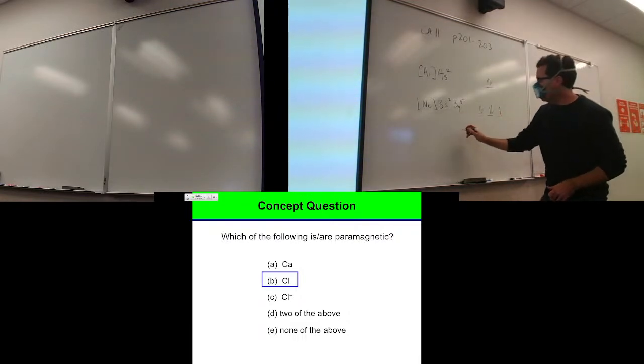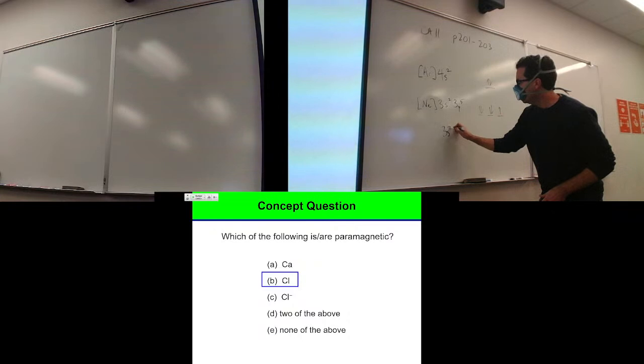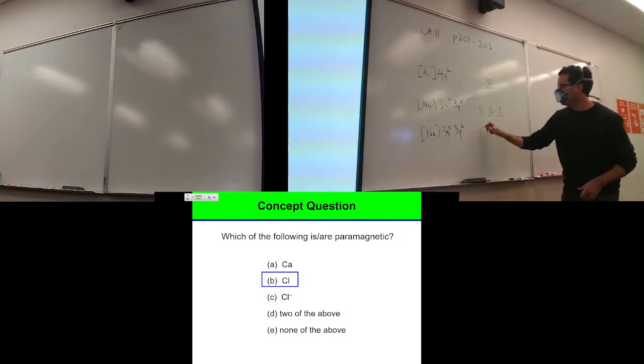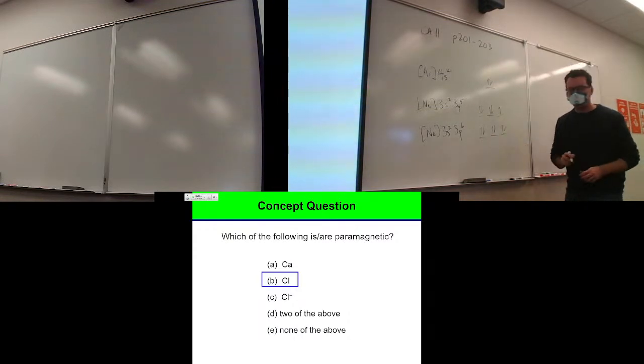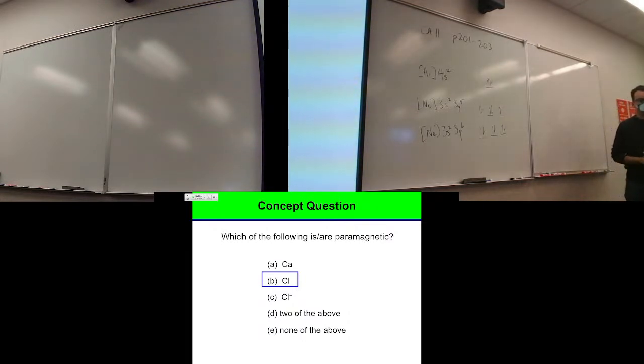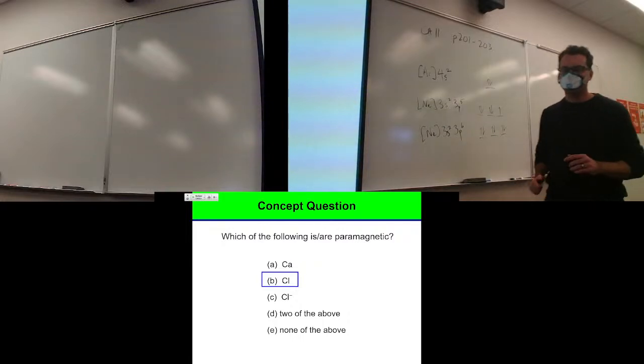But chloride is the same, except it's got one extra electron. And so that one extra electron now means there's no unpaired electrons. So chloride is diamagnetic. Only chlorine atom neutral is paramagnetic. Okay?